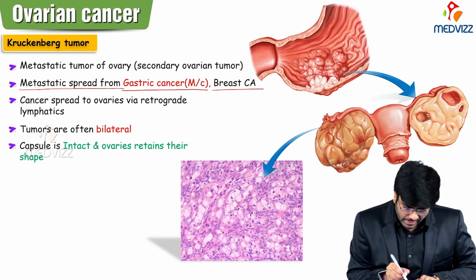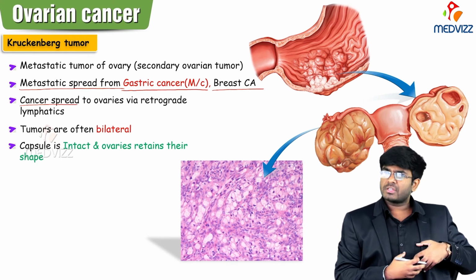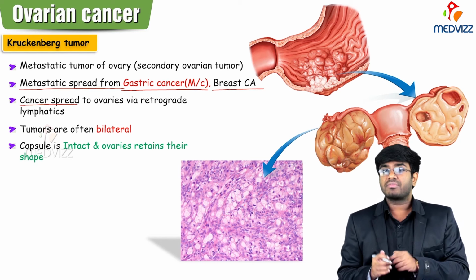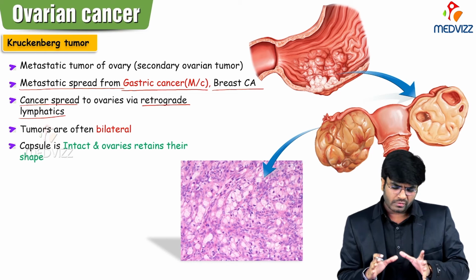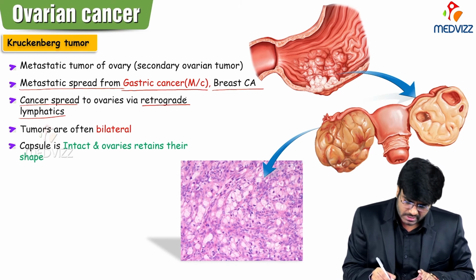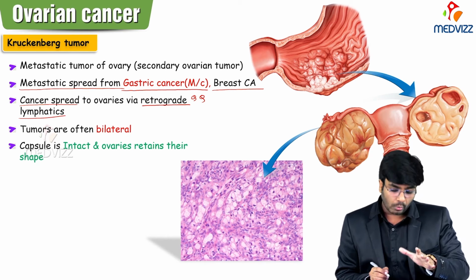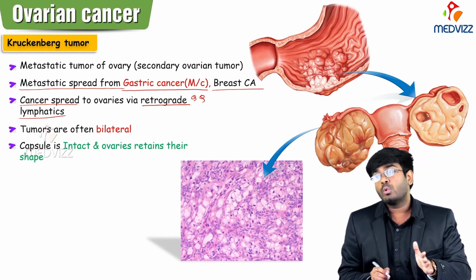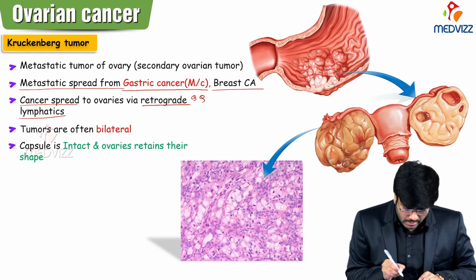Also remember that this cancer is spreading from the stomach to the ovaries via retrograde lymphatics. Okay, still it's debated, we are not very sure, but this is the best answer you can keep. So retrograde lymphatics are the route for the spread of this Krukenberg tumor from the stomach to the ovaries.